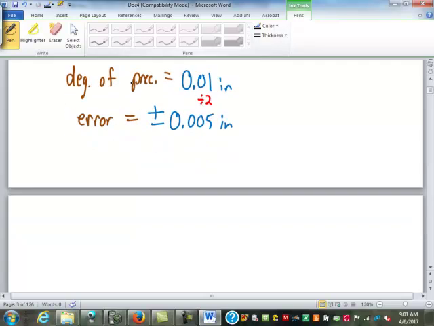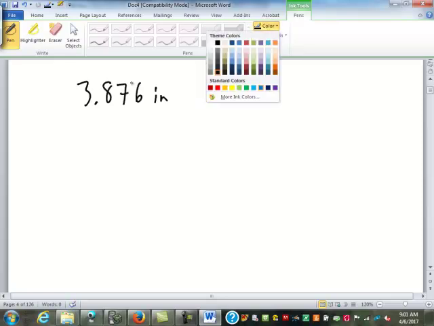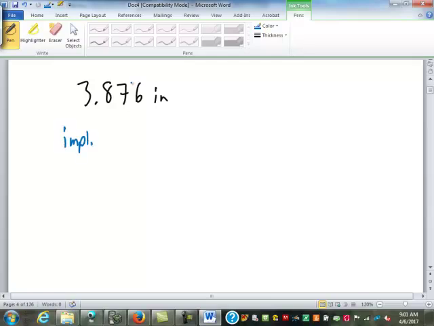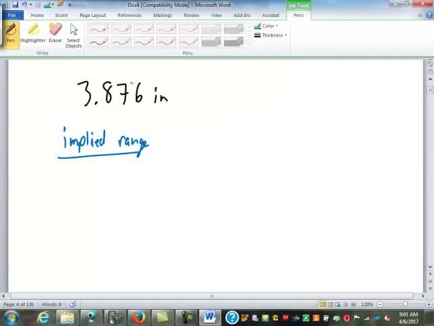So then if I give you a measurement of 3.876 inches, find the implied range. Perfect.